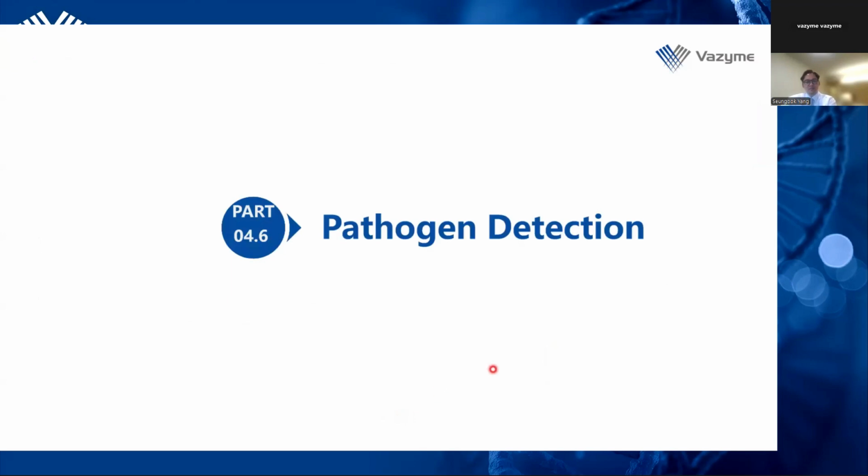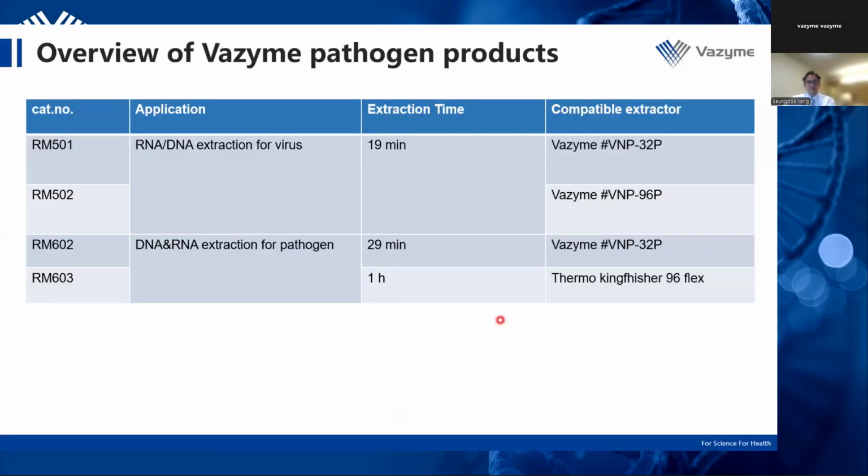So let's move on to our pathogen detections. The slide gives an overview of Vazyme's pathogen nucleic acid extraction kits. We offer 4 products in total, depending on the type of sample and extractor used. The RM501 and RM502 are for RNA or DNA extraction from viruses.